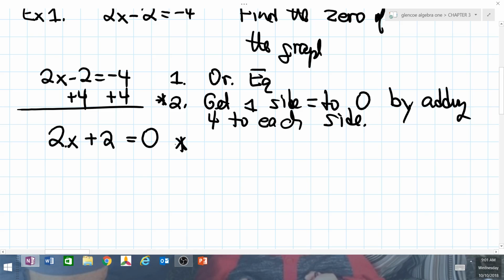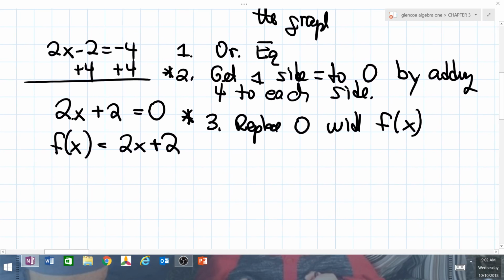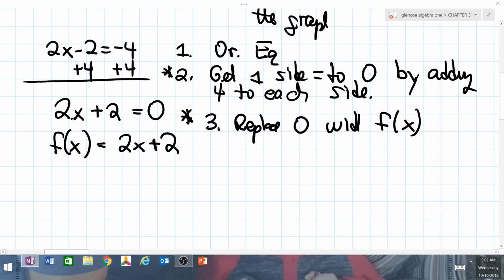Your second rule would be this. Replace 0 with f of x. So now your equation would be f of x equals 2x plus 2. Remember, f of x is the same thing as saying y.